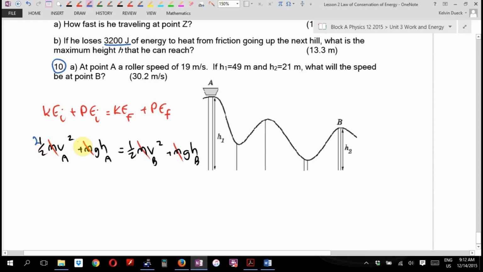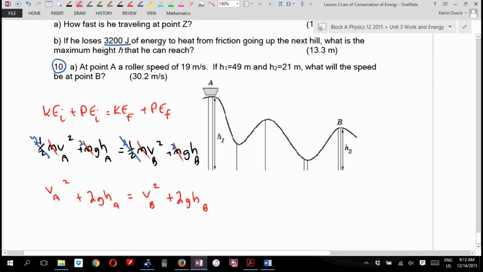Times by 2, times by 2, times by 2, times by 2. Here the 2 cancels, and here the 2 cancels the 1/2. So I get this: V at location A squared plus 2GH at location A equals V at location B squared plus 2GH.